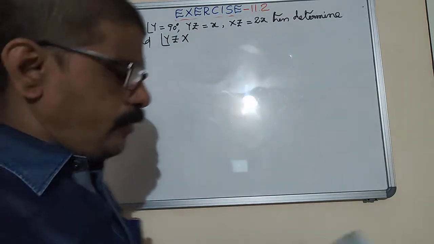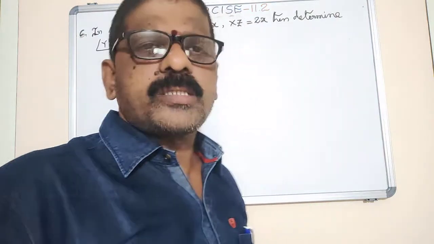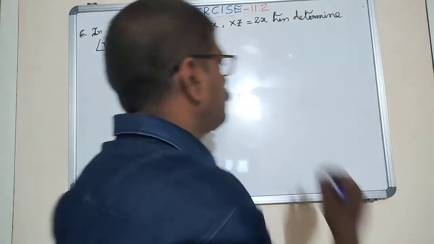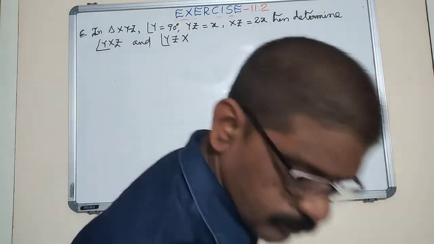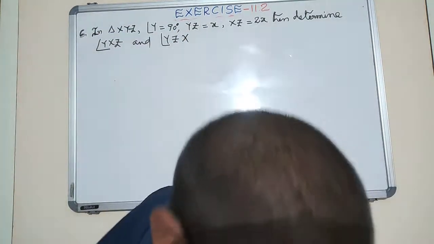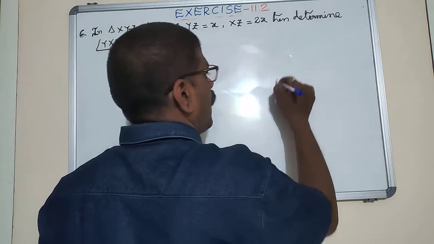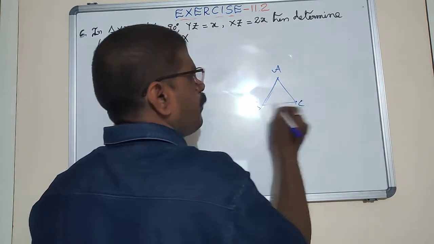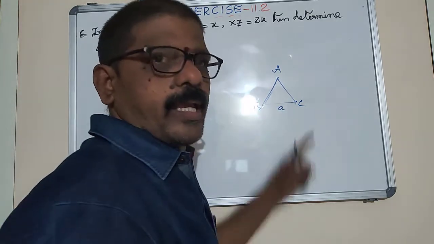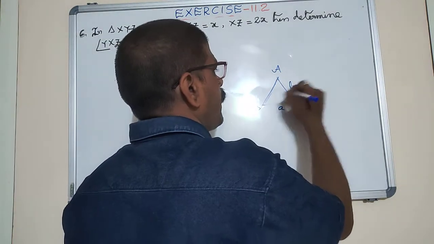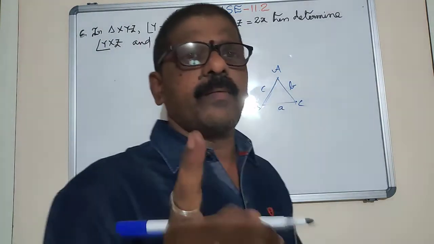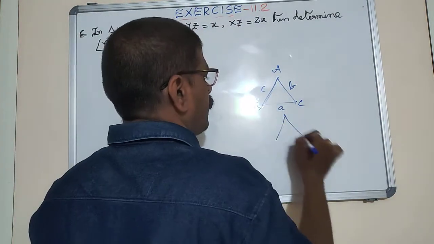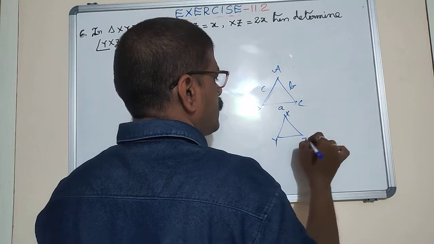So already we know the properties of triangles. For example, in the previous class, that is A, B, C. BC indicates small letter a, AC indicates small letter b, AB indicates small letter c. Clear? Similarly, which triangle is given? XYZ.